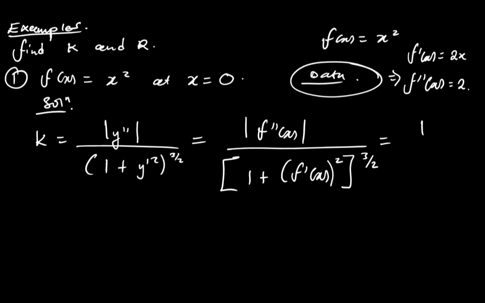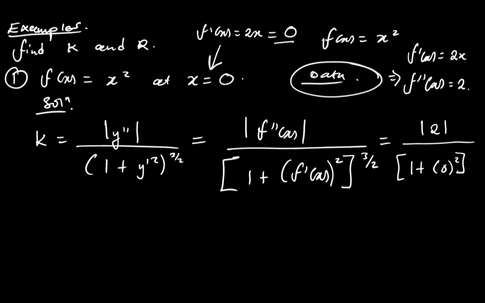In fact, let me put the absolute value of 2. Then the bottom should have 1 plus the first derivative evaluated at the value given in the question. The first derivative, f prime of x, is equal to 2x, evaluated at that point, you will have 2 times 0 being 0. Therefore, you have 0 squared, and all this will be raised to 3 over 2.